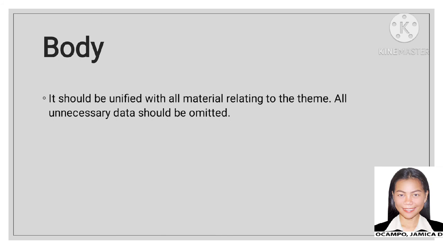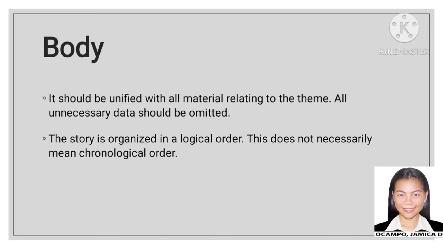Next, the story is organized in a logical order. This does not necessarily mean chronological order. However, the reader should be able to follow the narrative of the story as action jumps back and forth from the past, the present, and even the future.